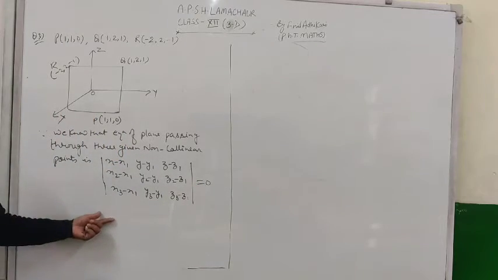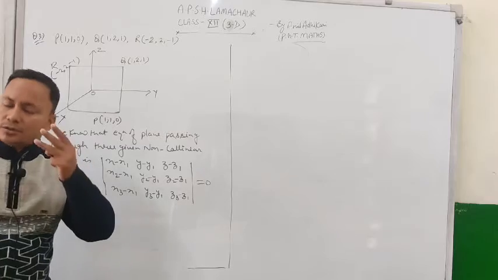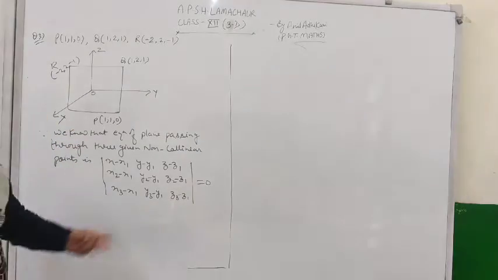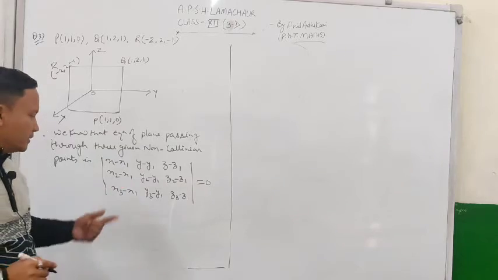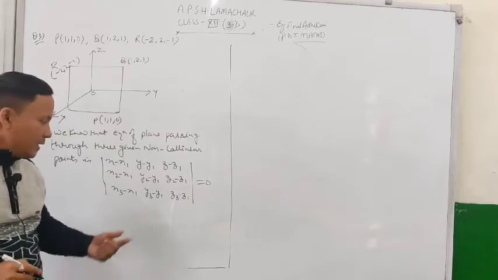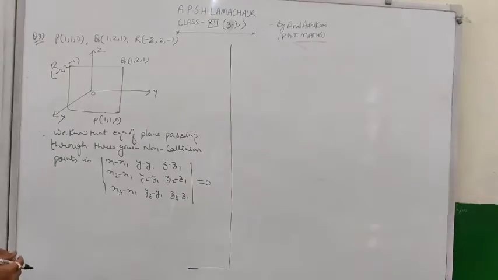This is the required Cartesian equation of any plane which is passing through three given non-collinear points, where x1, y1, z1 are the coordinates of the first point, x2, y2, z2 coordinates of the second point, and x3, y3, z3 is of course the coordinate of the third given point.